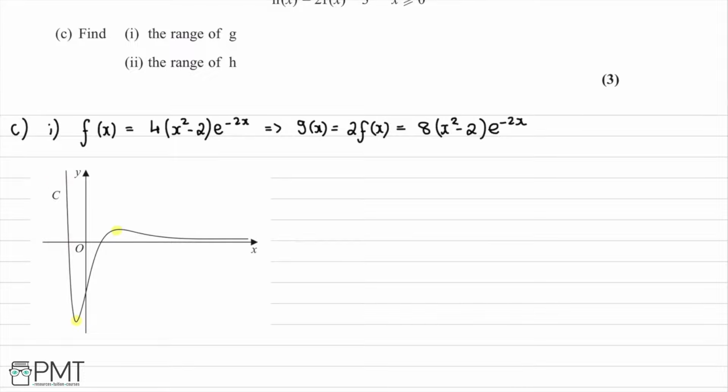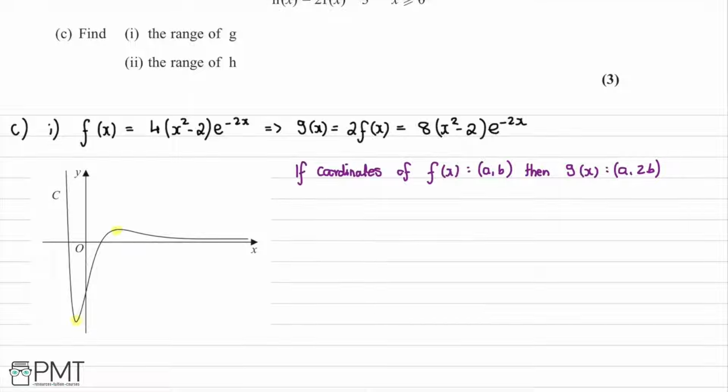So we can see here, this is the minimum turning point, and this was of f in the graph. So we know that if the coordinates of f of x are (a, b), then the coordinates of g of x are going to be (a, 2b). And that's because g of x is 2 lots of f of x.